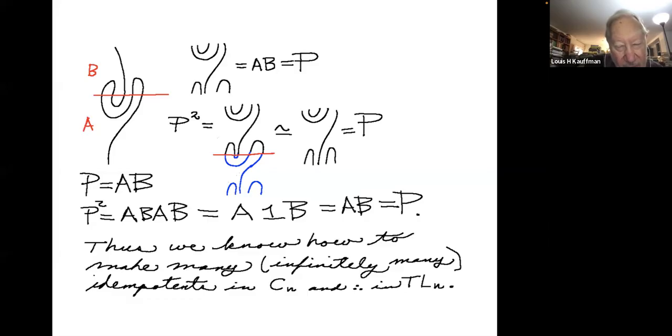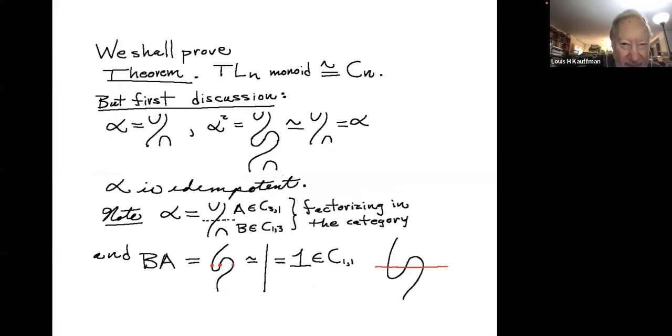And what we've done is we've seen them now up there in the connection algebra, and you could be curious, how are they appearing in the actual Temperley-Lieb algebra? Because we left it and went to the connection algebra. So it is a theorem, and I said we shall prove, but I'm only sketching here as far as that theorem is concerned, that the Temperley-Lieb monoid is isomorphic to the connection monoid.